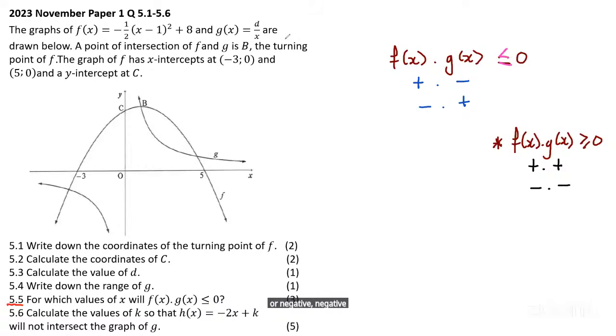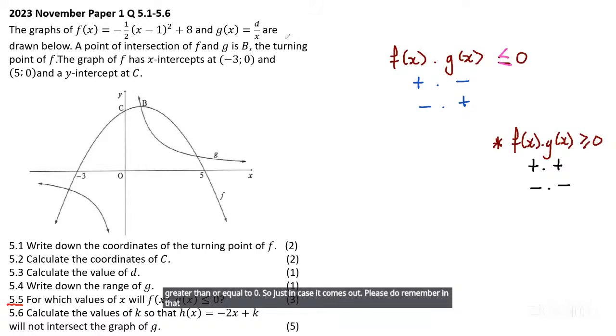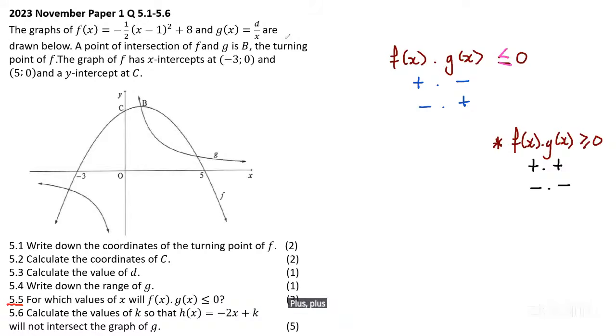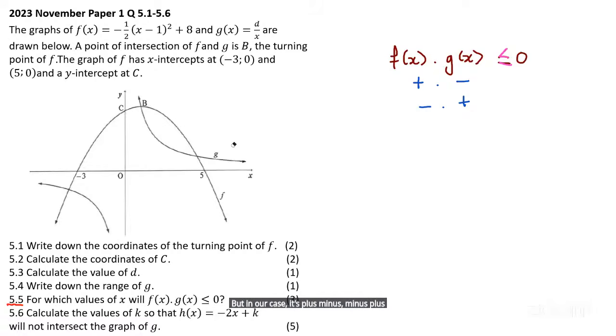So just in case it comes out, please do remember in that context: plus, plus, minus, minus. But in our case, it's plus, minus, minus, plus. So plus of f of x, positive f of x, is above the x-axis. So let me work on it.